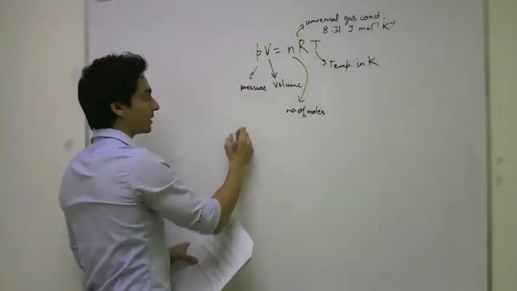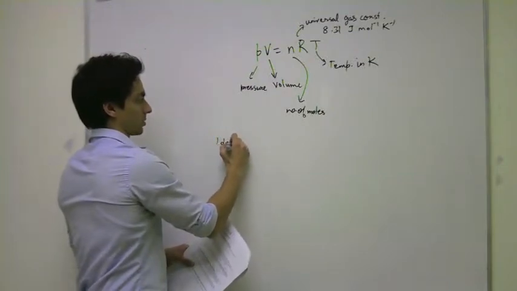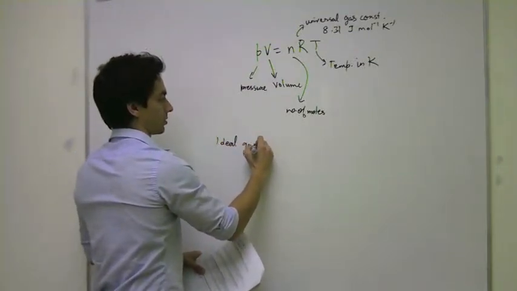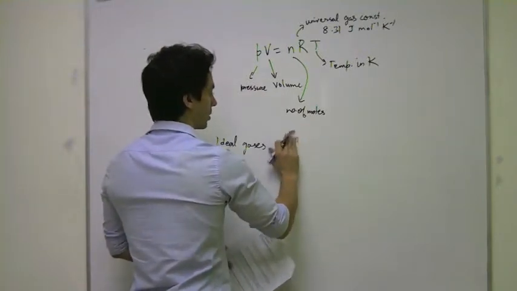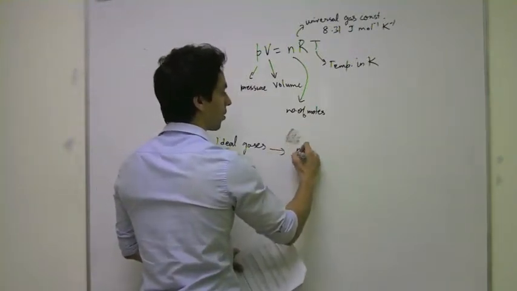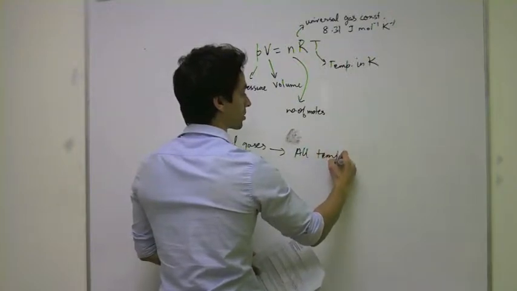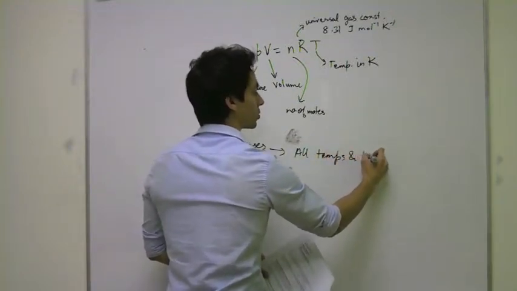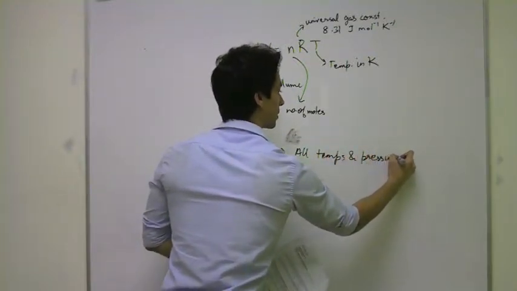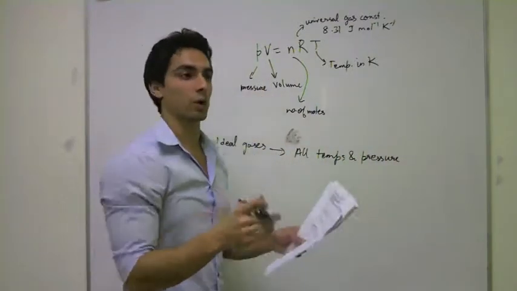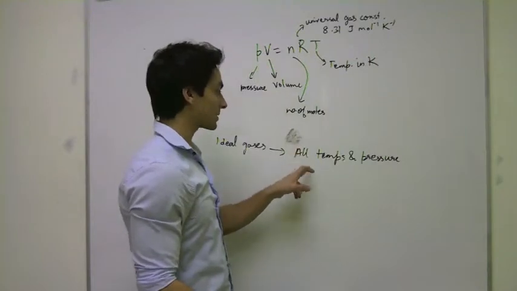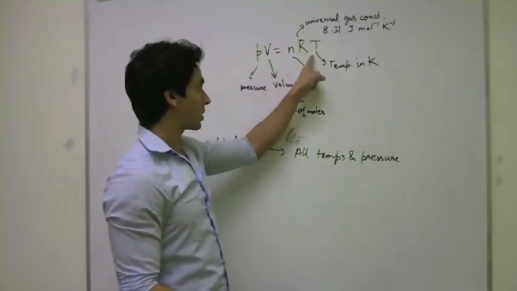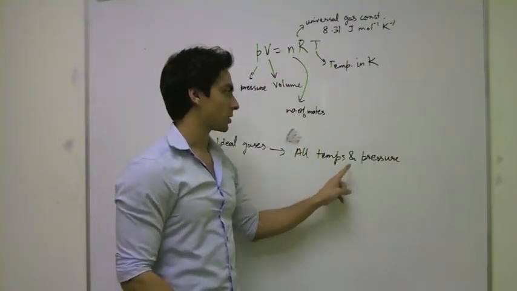Now, ideal gases will obey this equation under all temperatures and pressures. So, if in the exam a student needs to define what an ideal gas is, an ideal gas can be defined as a gas which obeys the ideal gas equation at all temperatures and pressures.